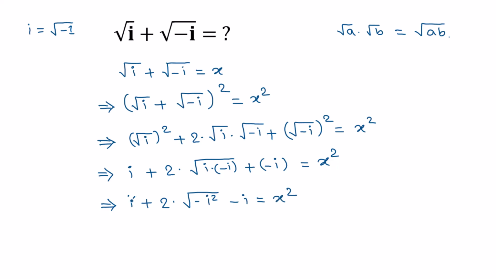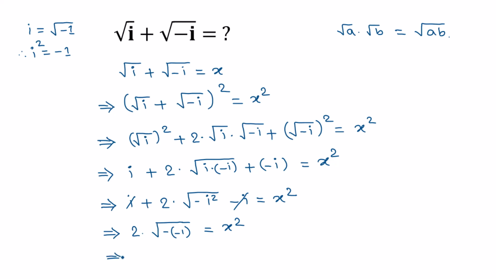The i and negative i will cancel out and it will remain 2 times square root of negative times the value of i square. The value of i square is negative 1, because i is equal to square root of negative 1, and taking a square to both sides, we get i square is negative 1. So substituting this, it will be negative 1, is equal to x square on the right side.